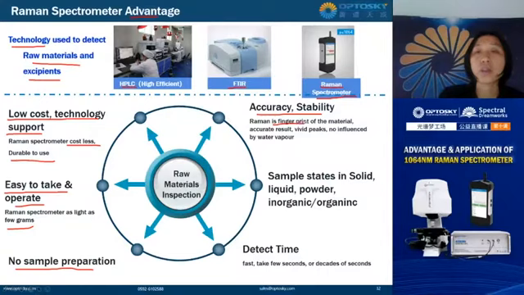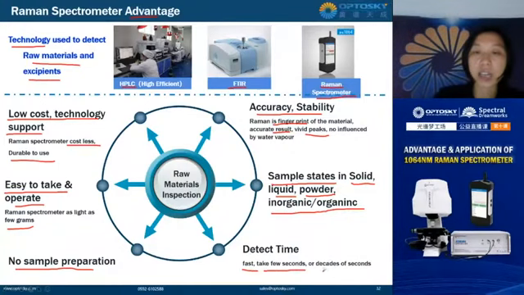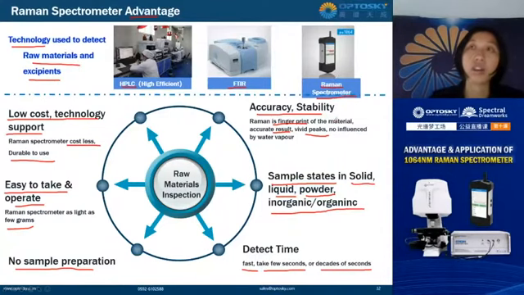The fingerprint of the material is very accurate, with no influence by water vapor, and sample states can be solid, liquid, powder, and organic. The detection time is so fast, taking a few seconds to tens of seconds. So all these 6 advantages have made the Raman spectrometer the priority option for raw material and excipients detection.